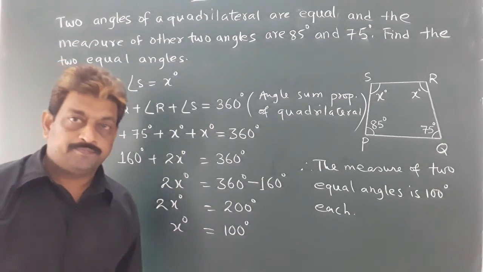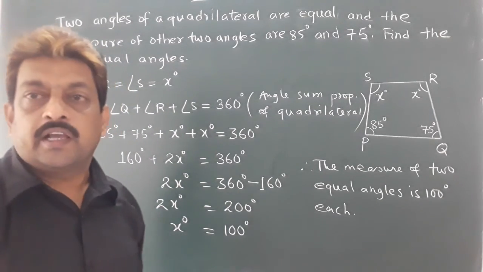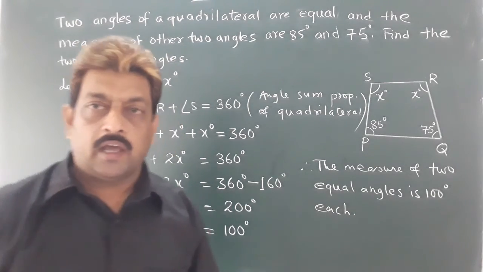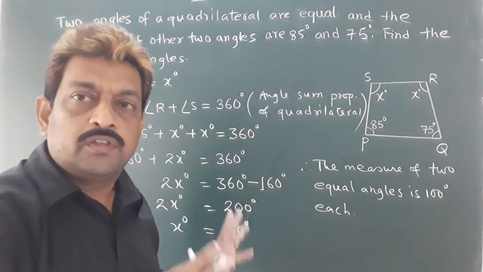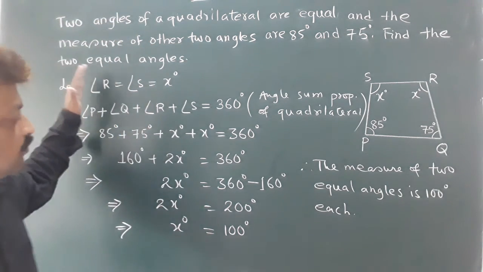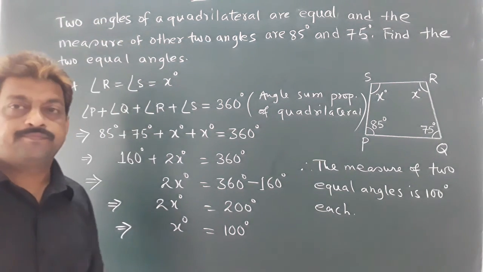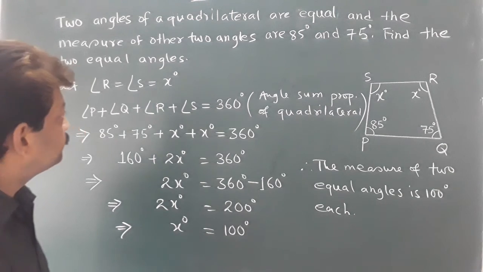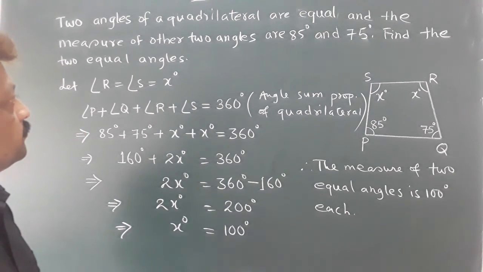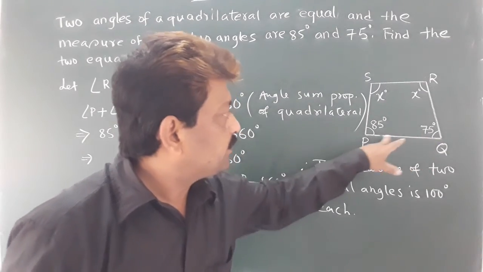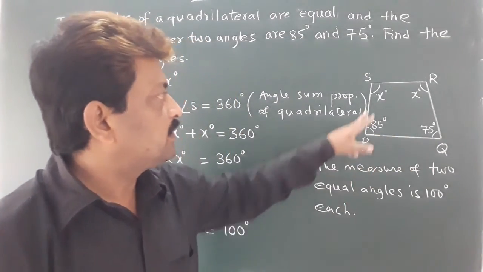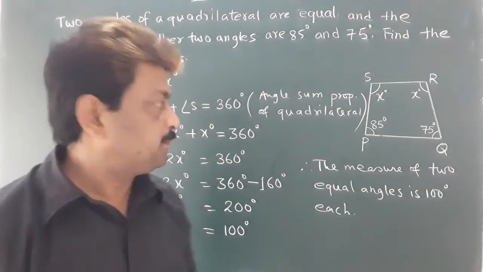Hope you have understood what the angle sum property of a quadrilateral is and how to solve the sums based on this property. So just go through the whole sum quickly. In the quadrilateral PQRS, two angles are given, 85 degrees and 75 degrees, and the other two are equal.